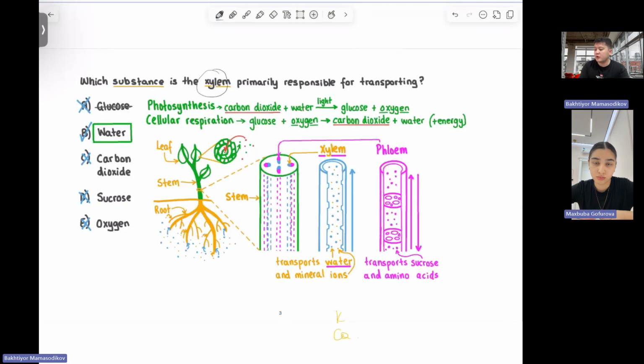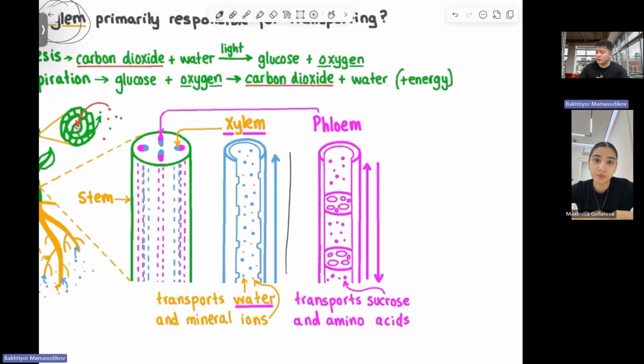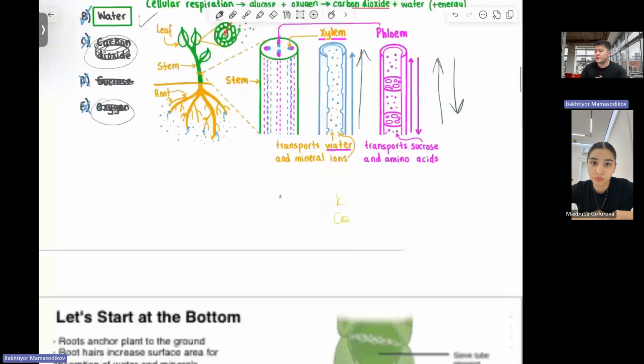It's not transporting glucose or sucrose, so those answers are not correct. Carbon dioxide and oxygen are not transported through the xylem and phloem, so those answers are also wrong. They are gases. One option is left. The correct answer is water. So xylem works in one direction, phloem goes in both directions.